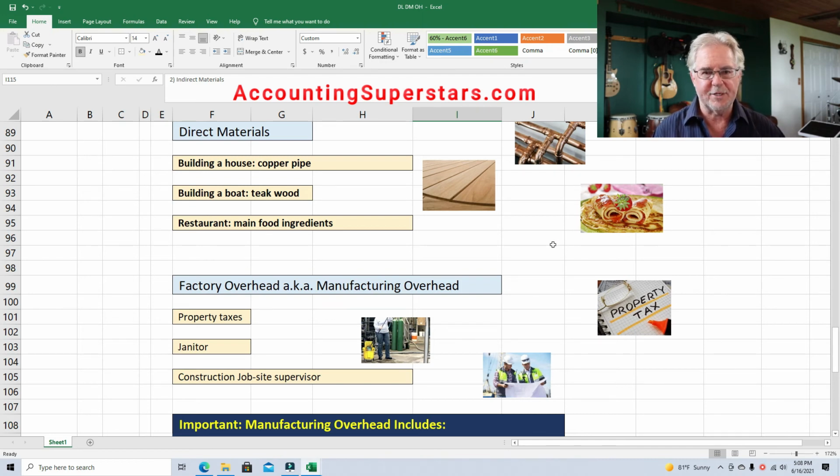Also, indirect materials can be used to make the product. For instance, sandpaper. Sandpaper is a good example. That sandpaper does not become part of the teak deck here of this boat. Somebody's got to sand this wood off so it looks really sharp and there's no splinters and it accepts varnish really well.